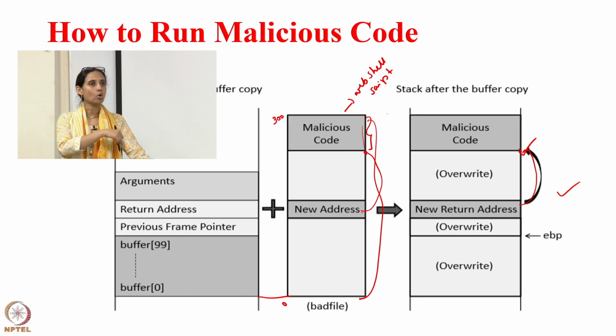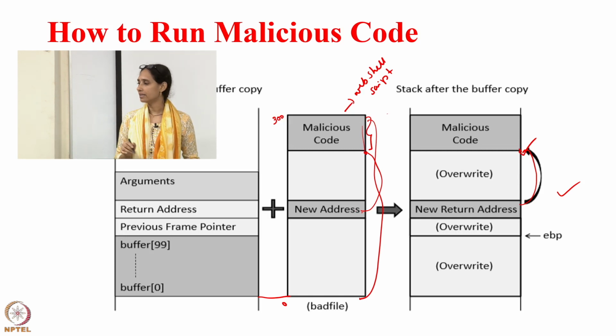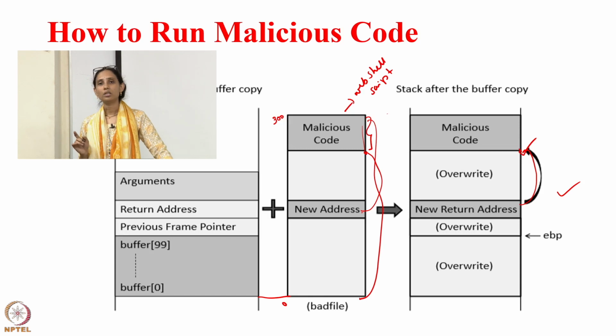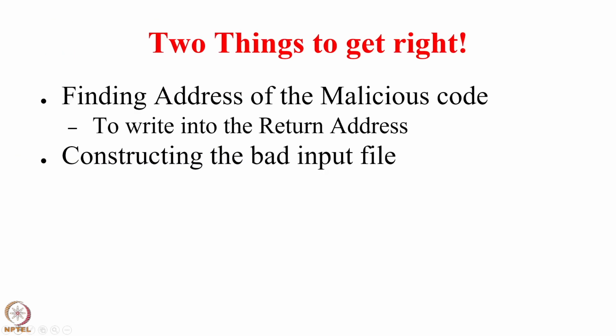Typically, this is supposed to go back to the text portion and execute, but here you are saying go to this portion within the stack and start executing it. Okay. So, then you are going to do a lot of damage, and these attacks are not that easy to launch because you need to get these two things correct. First is you need to find the address.